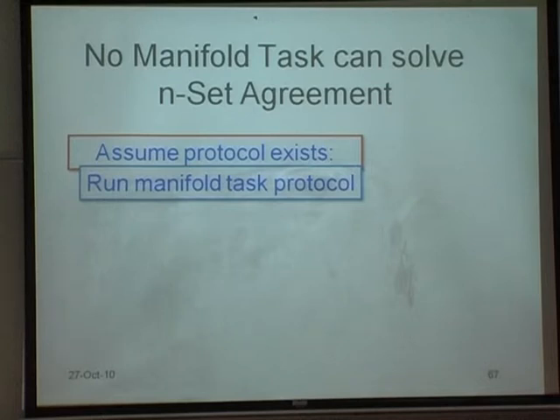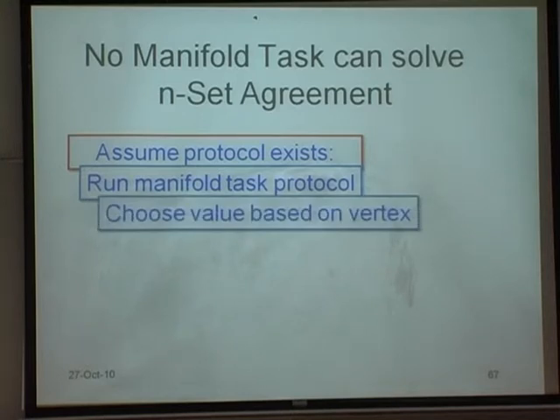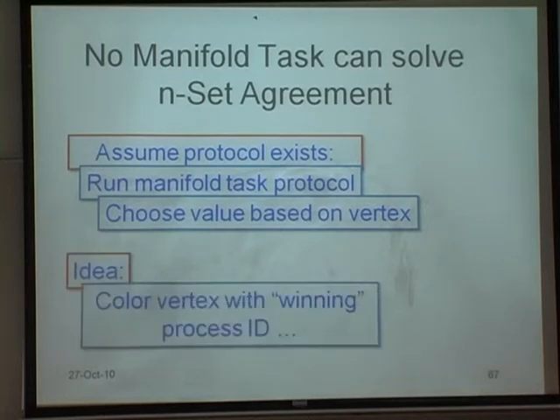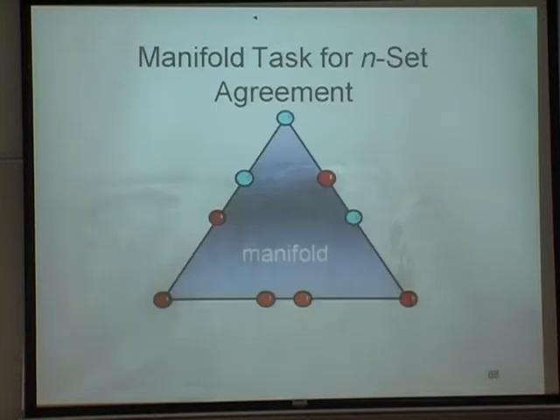So I'll run the manifold task protocol, and everybody ends up at a vertex on the manifold. And then based on where you are, you choose your value. The idea here is I'm going to color each vertex with the ID of the winning process. So if I pick my value, then I color that vertex with my value. If I pick someone else's value, I color the vertex with their value.